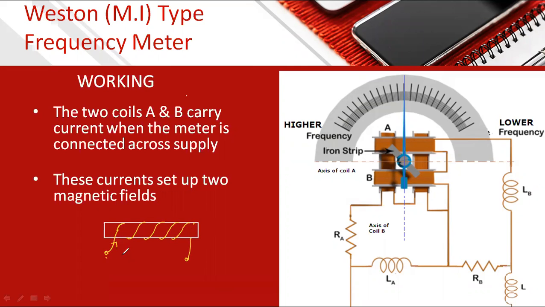Now if current is flowing in this way, then how will the magnetic field be? The magnetic field is going to be as shown.